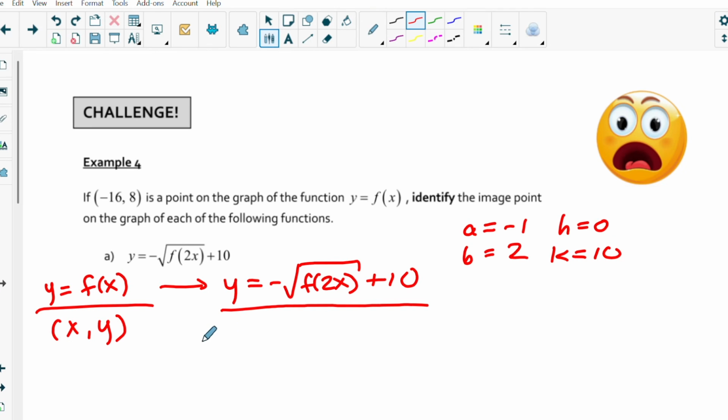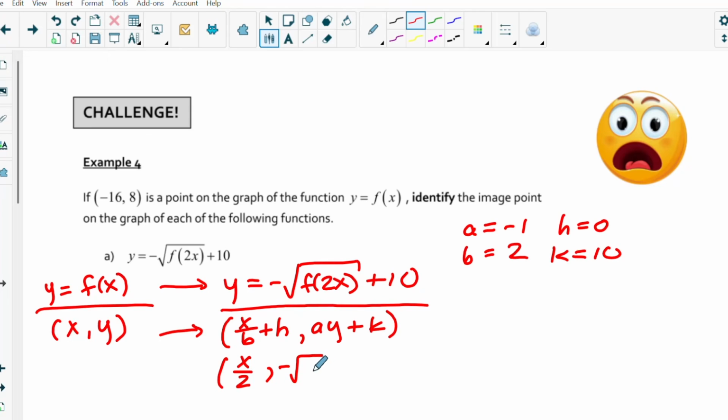So when I plug this into my transformation model, x over b plus h, a y plus k, well, what does that turn into? X over 2 plus 0, and that's negative a y, and then y is square root of y plus 10.